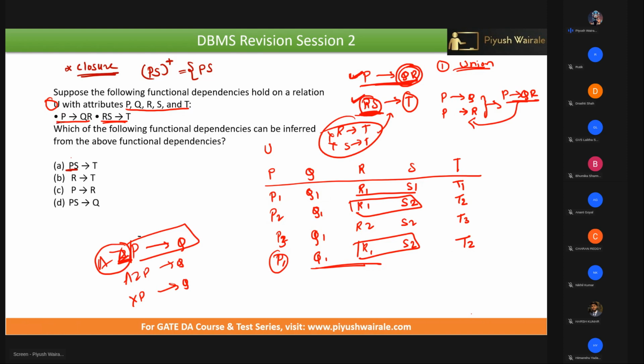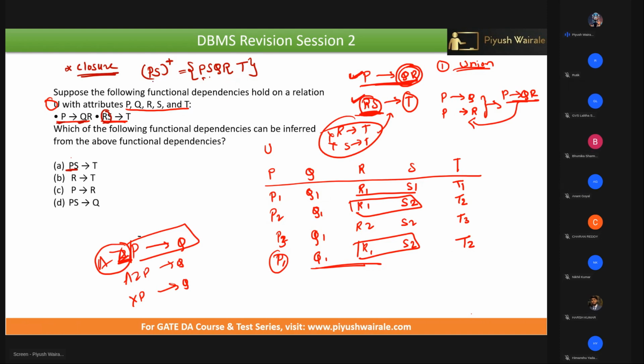From P, I can get Q and R. So I'm going to add QR in the closure. Now in the closure, I have P, S, Q, R. From any combination of these attributes, what can I get? We have RS also here, S and R determine T. So T also I can add here, right?